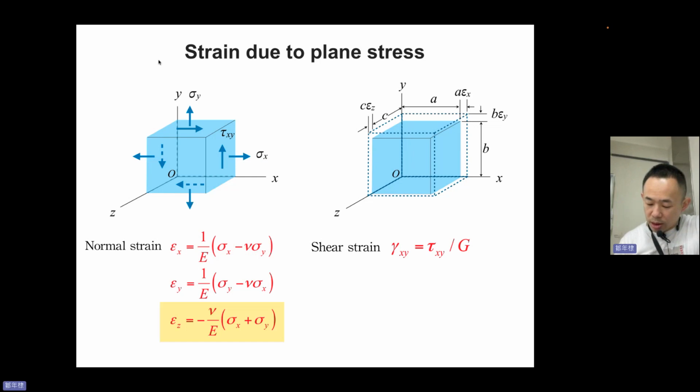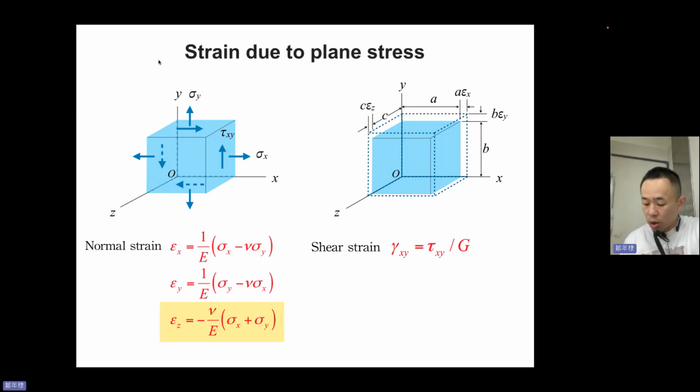So this is the first contribution and second contribution. Epsilon y is also the same. Sigma y minus nu sigma x. No problem. It looks exactly the same. However, because this is plane stress, there is no stress in z direction. So you see nothing in z direction.